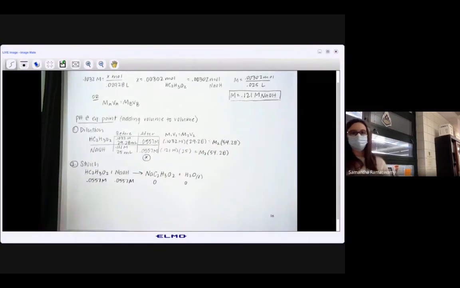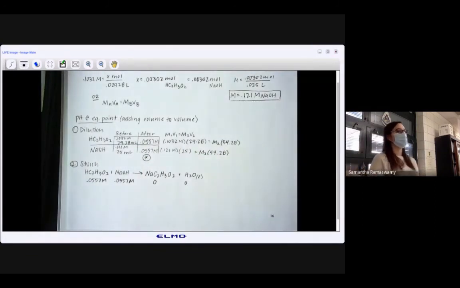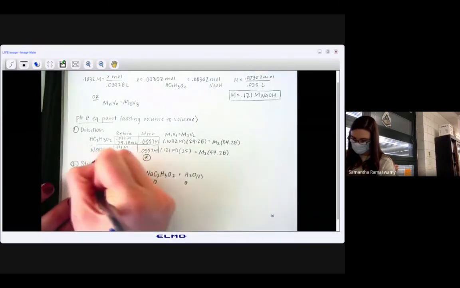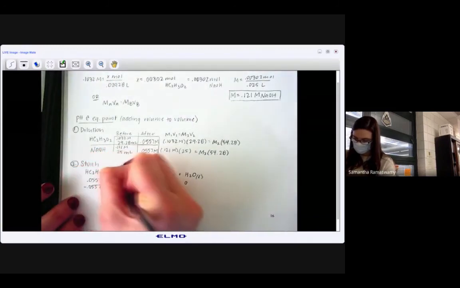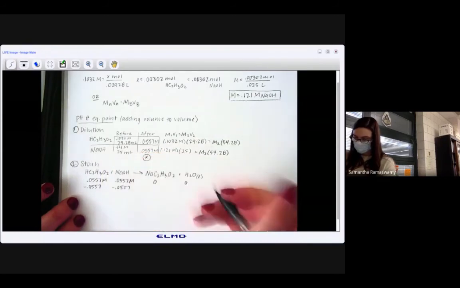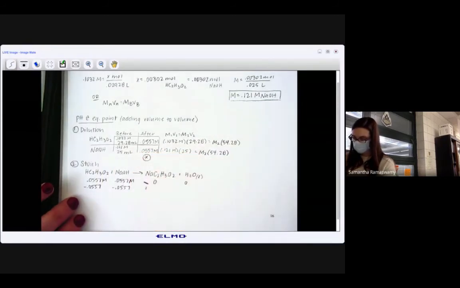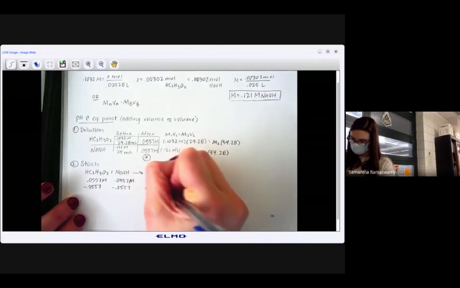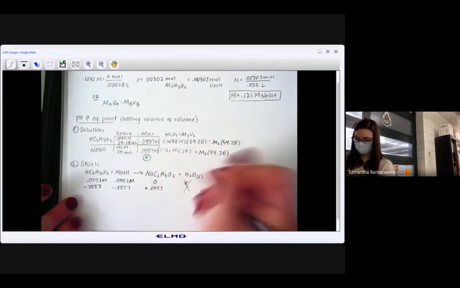I have no products because the reaction hasn't happened yet. When the reaction happens, notice how acetic acid and sodium hydroxide are equal in amounts. They are co-limiting. So these both get used up completely. And I make that much product. Water we can ignore.